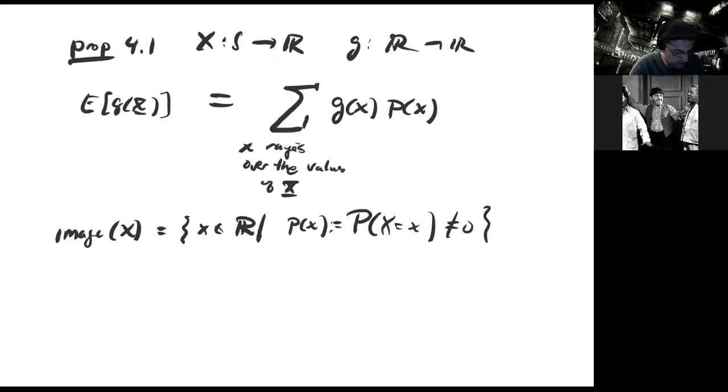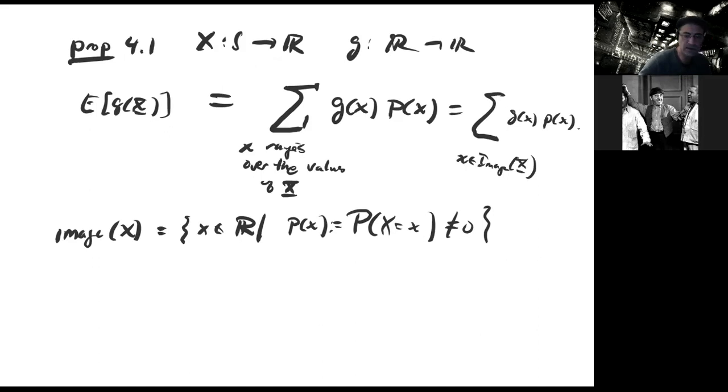So that's called the image of X. And so what I mean here is that we're taking the sum over the x in the image of the random variable X of G of x times P of x. Okay. So that's the answer to the proposition, and I'm going to give you a proof.